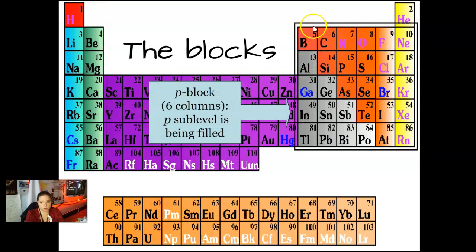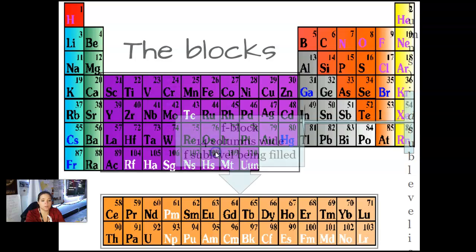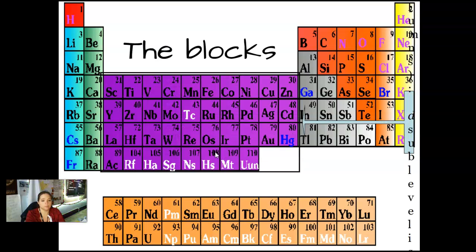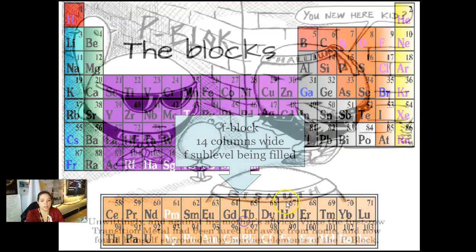Groups 13 through 18, they fill the p block, or the p sublevels. And then all the ones in the middle, I'm sorry, you can't see it right here. These are the d sublevels. And then finally you have the f sublevels right here down in the lanthanide series.